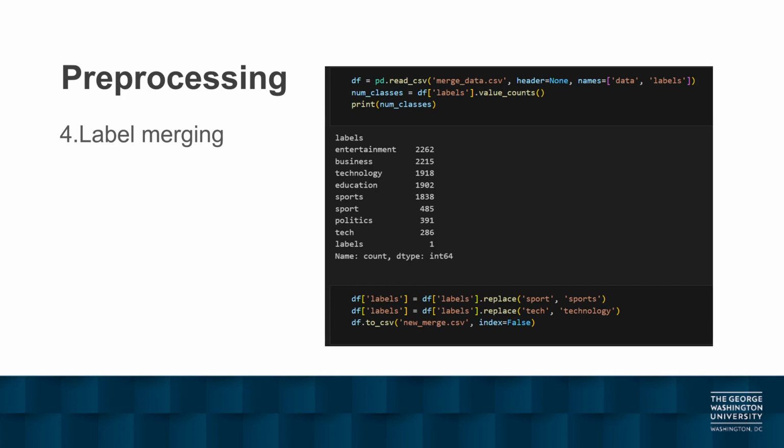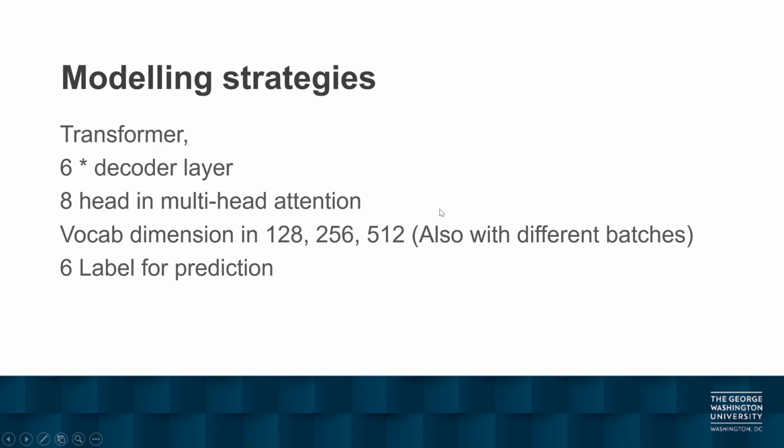So I also merged the similar labels into one label. Regarding the modeling, this project used a transformer model with 6 decoder layers and 8 heads in multi-head attention.